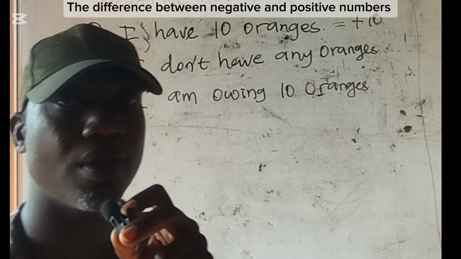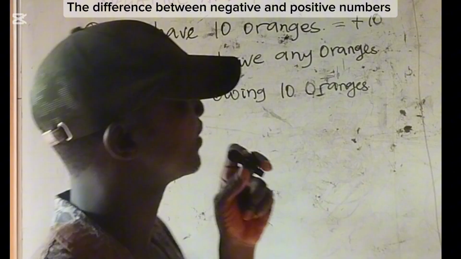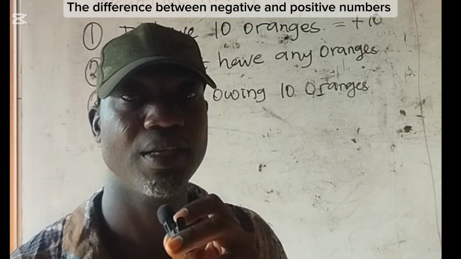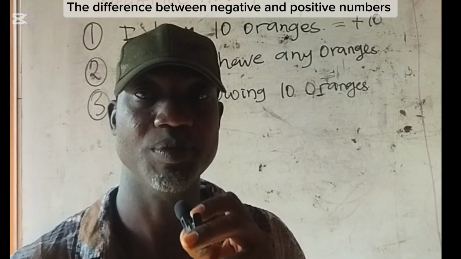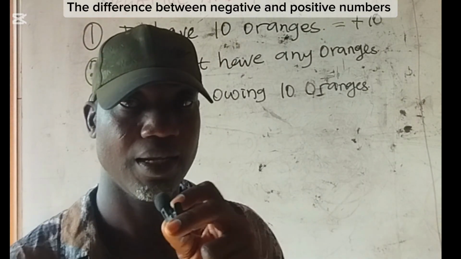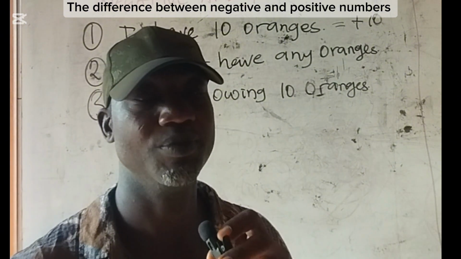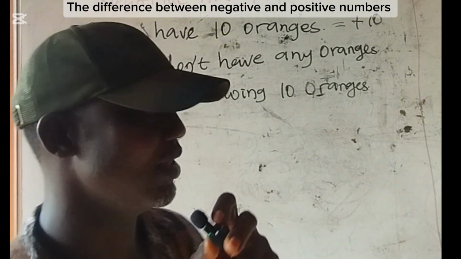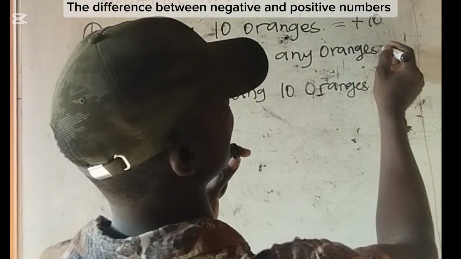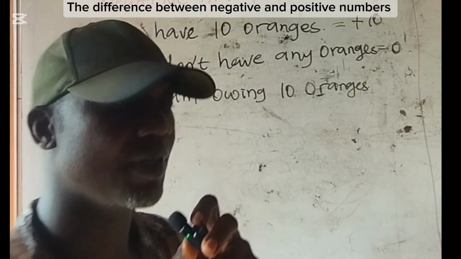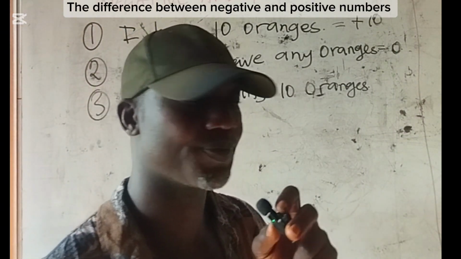Now let's assume I'm at the state where I don't have any oranges. Somebody asks me, how many oranges do you have? The correct answer I'm going to give is 0. 0 oranges, no oranges.